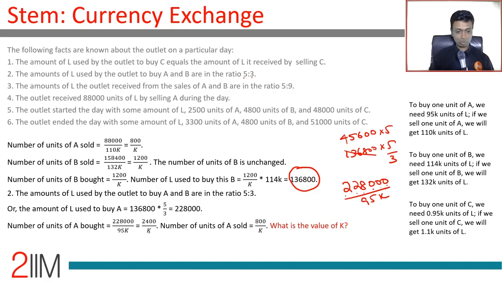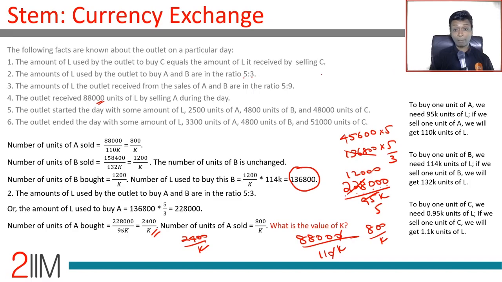That is 2400 by K. This is a multiple of 19, so you can divide this by 19 and then simplify. 12000 by 5K, which is 2400 by K. Now we already got 88,000 units of L from here. This divided by 110K is the number of units of A that are sold. And so this is 8800 by 11, which is 800 by K.